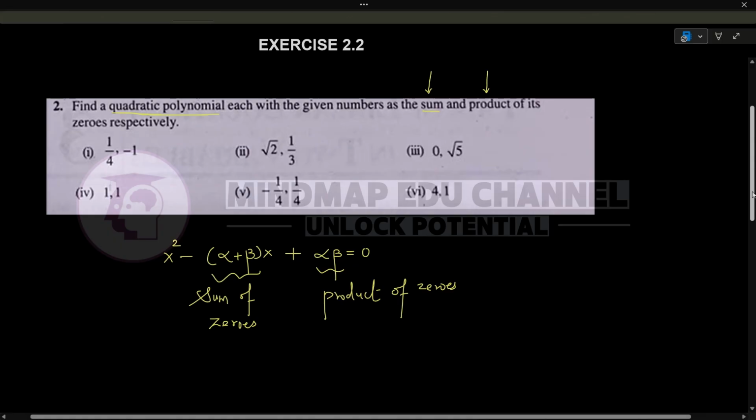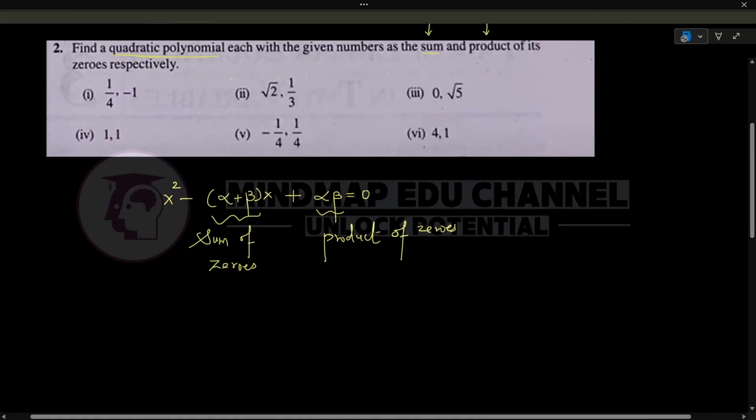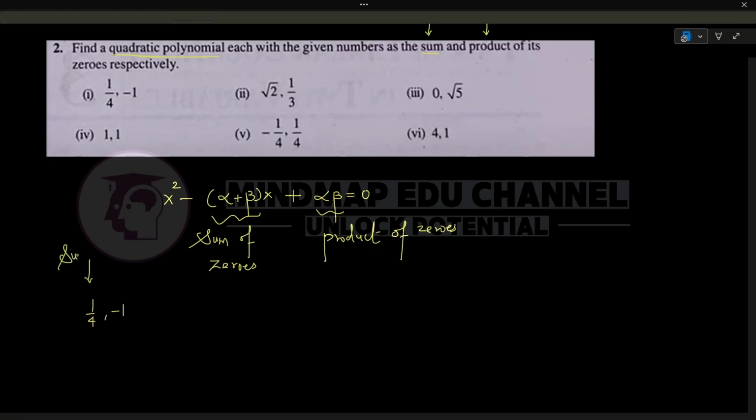Okay, now let's see the first sum, that is they are given 1 by 4 and minus 1, where 1 by 4 is the sum of the zeros and minus 1 is the product of the zeros of any given polynomial, and that polynomial we have to find.